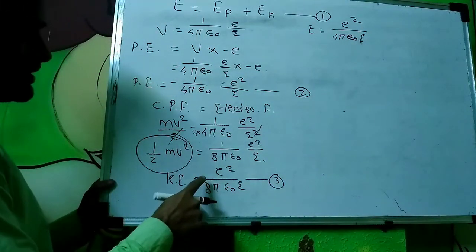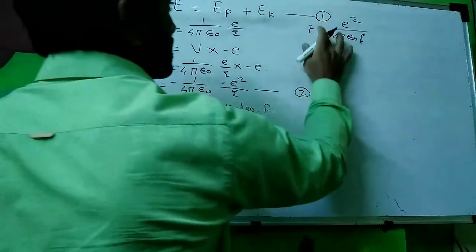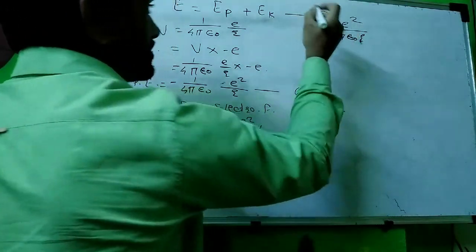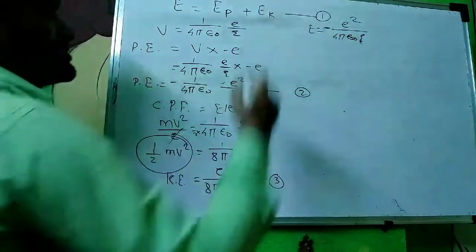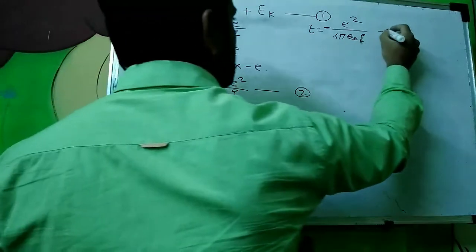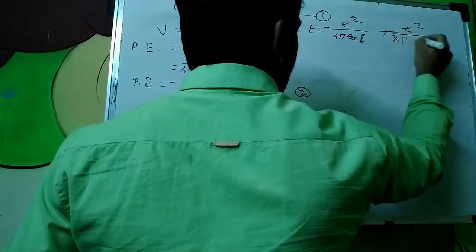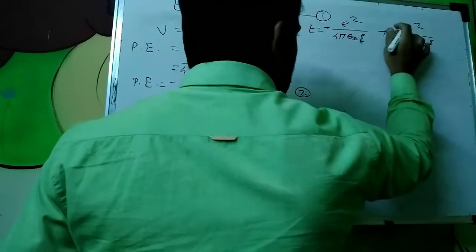Now there is a negative sign present, so minus e square by 4 pi epsilon naught r plus the value of kinetic energy, e square by 8 pi epsilon naught r.